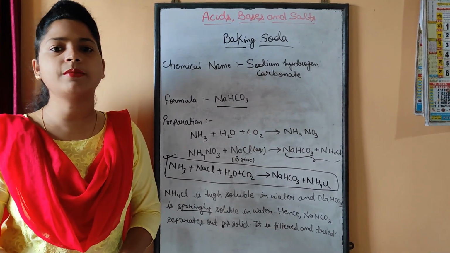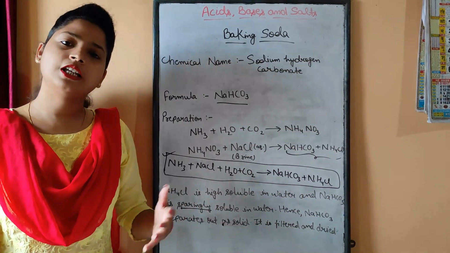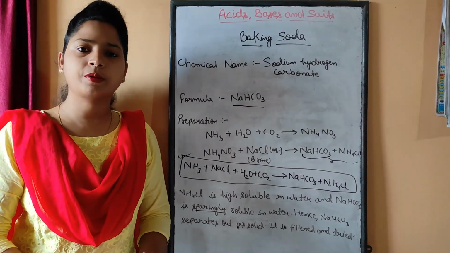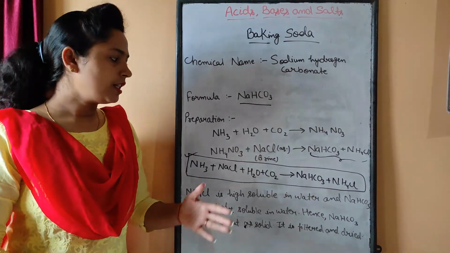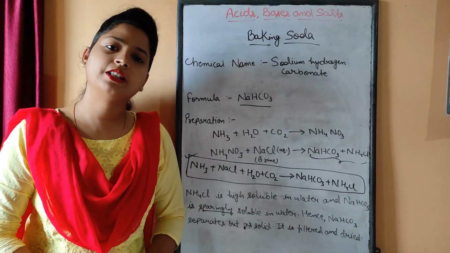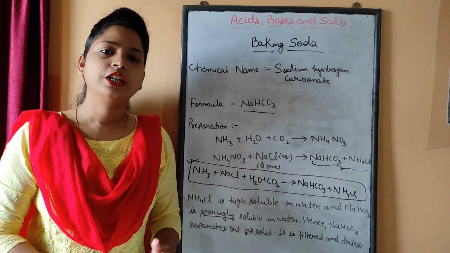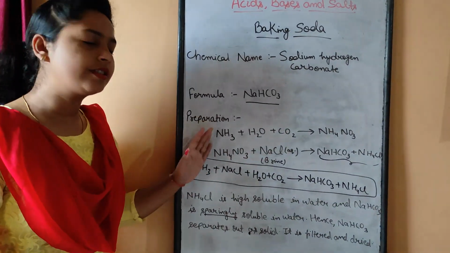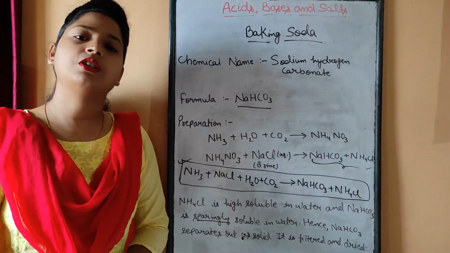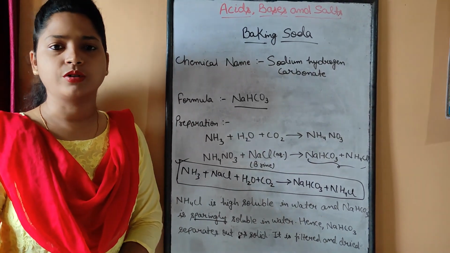There are other methods used in laboratories and factories, but since in our course the preparation method is based only on sodium chloride, you have to write only these reactions. So this is about the preparation of baking soda.